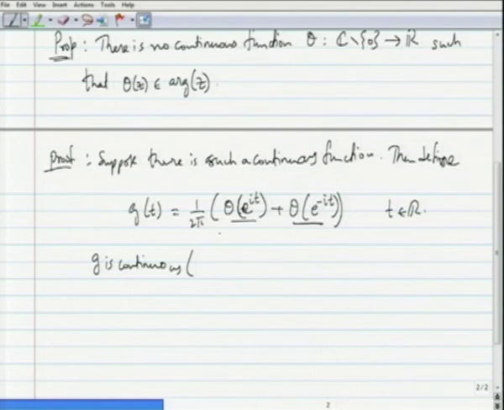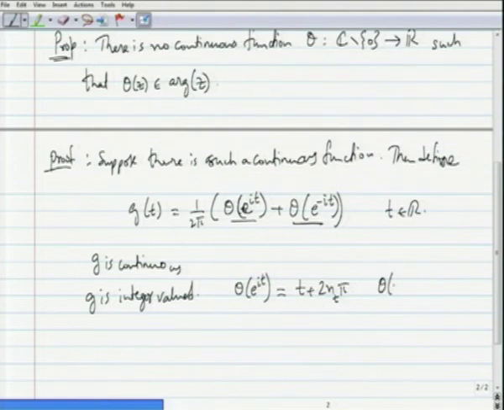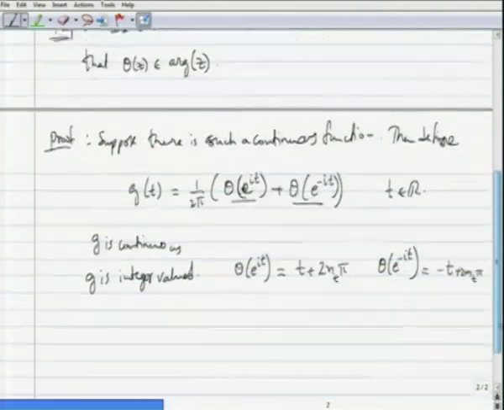So, g is continuous, that is clear, and g is integer valued, because theta of e power I t has to look like t plus 2 n t pi for some integer n t, and theta of e power minus I t has to look like minus t, which is one argument of e power minus I t, plus 2 m t pi for some other integer m t possibly.